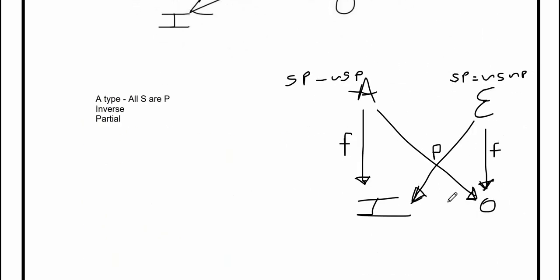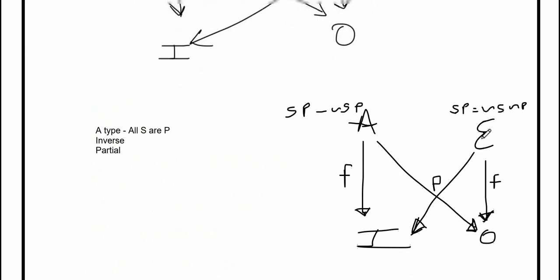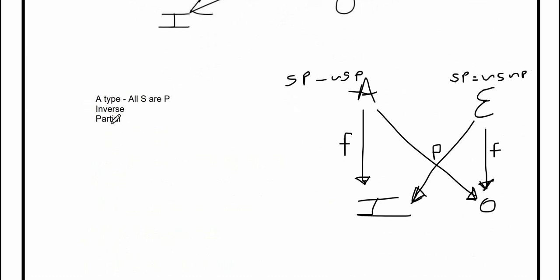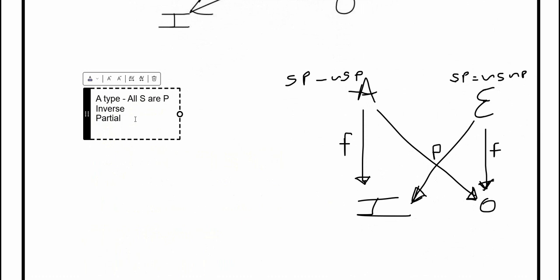Alright, now let's come back to the inverse. Now we have to do partial inverse first. A type partial goes to O type. And what is the logical form of O type? O type states some are not. This is the standard form.